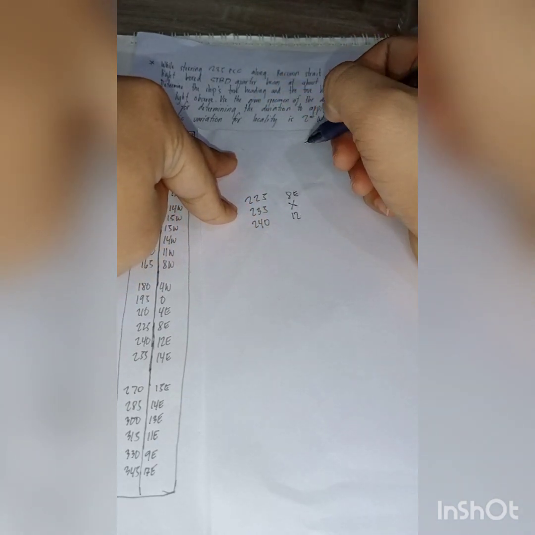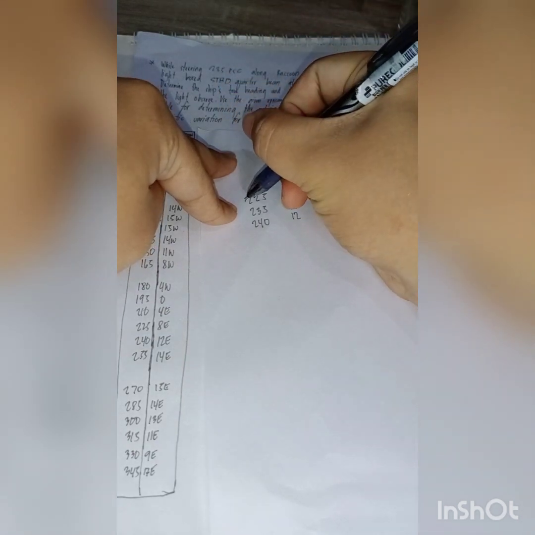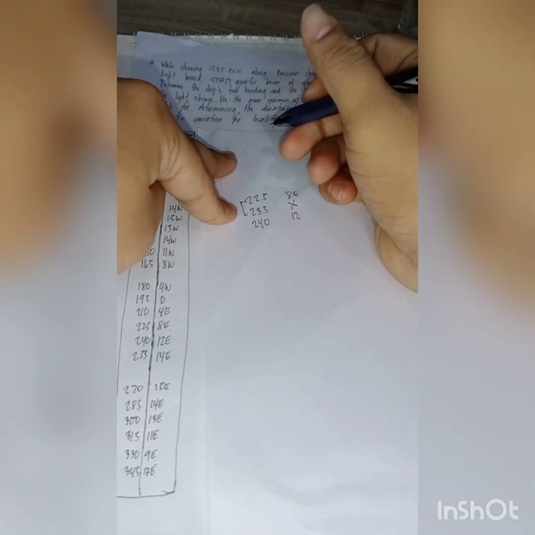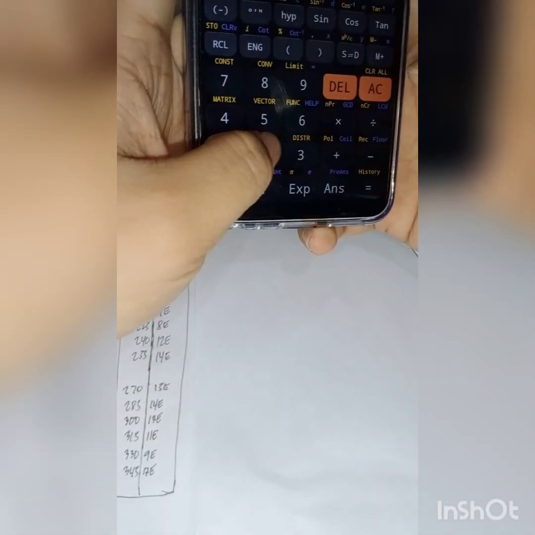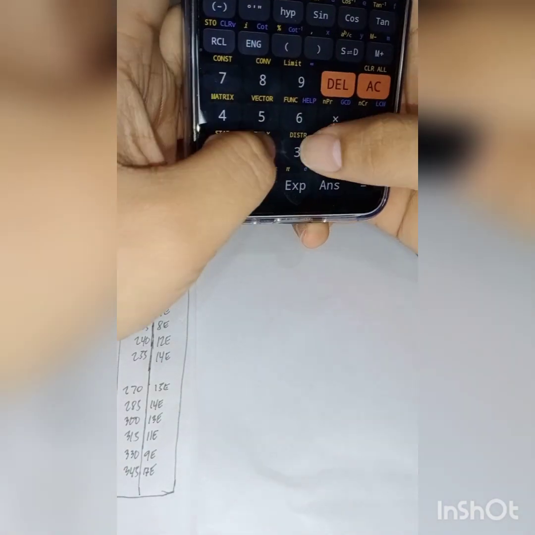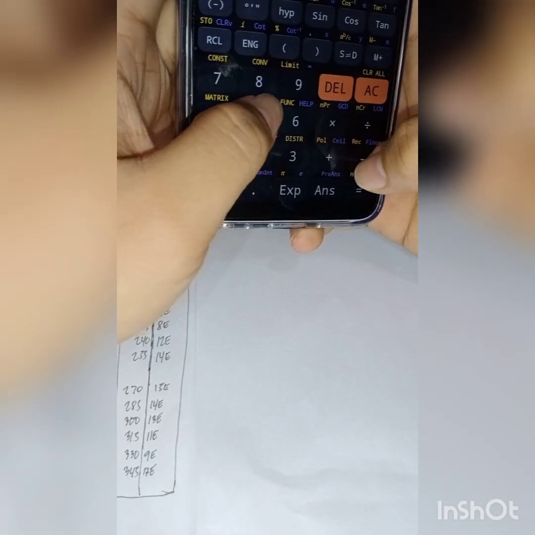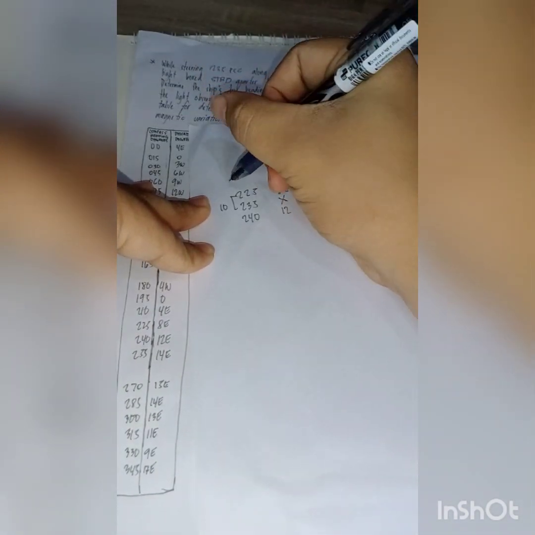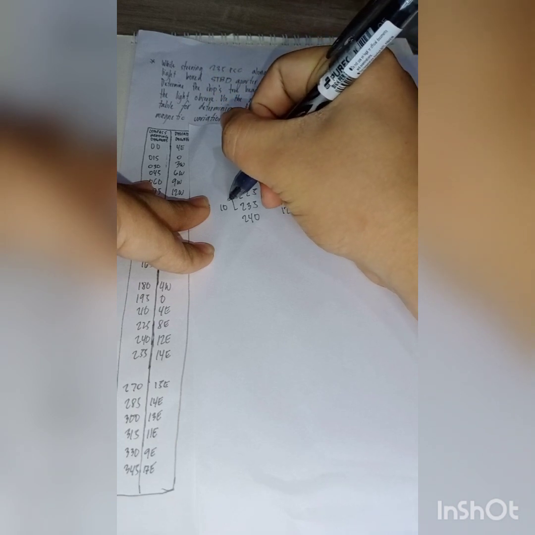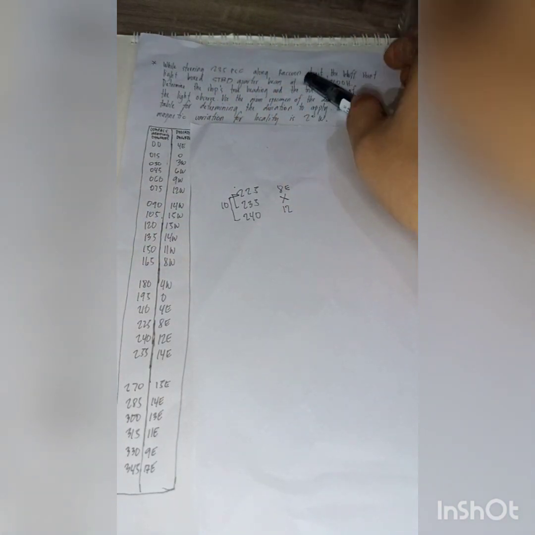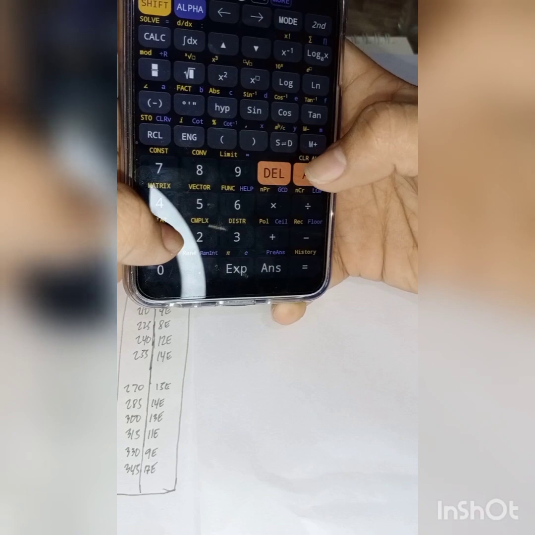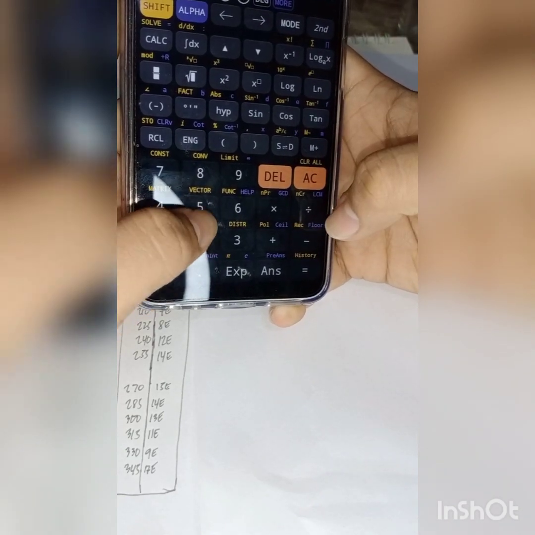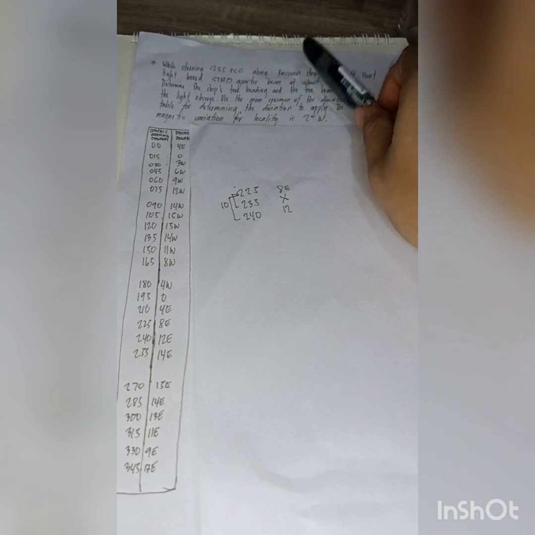Now we must find the differences. First, between 225 and 235, we subtract: 235 minus 225, the difference is 10. Then between 225 and 240: 240 minus 225 is 15.